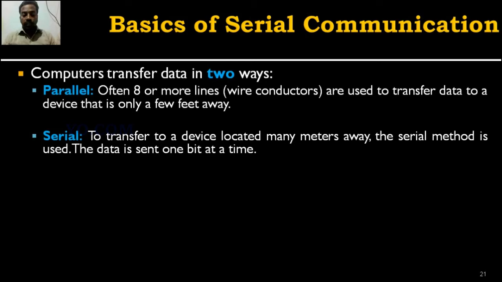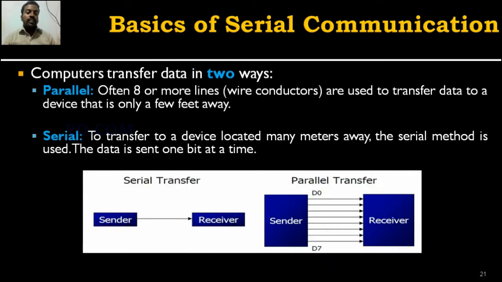So this is serial and parallel communication. In serial transfer a single wire is enough to transfer the data. In parallel transfer, a separate number of wires is needed, according to the number of bits. This is parallel data transfer, and this is serial data transfer.